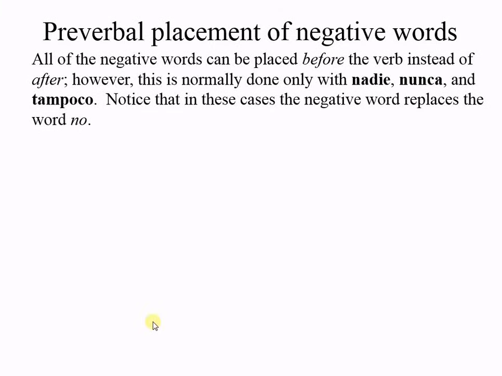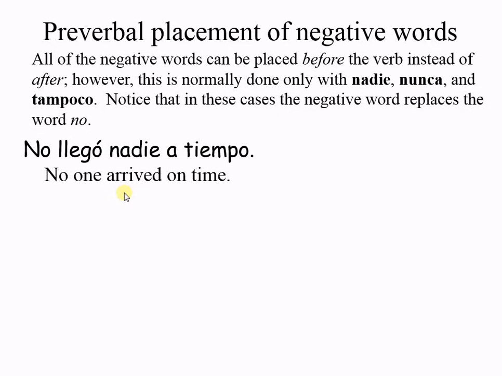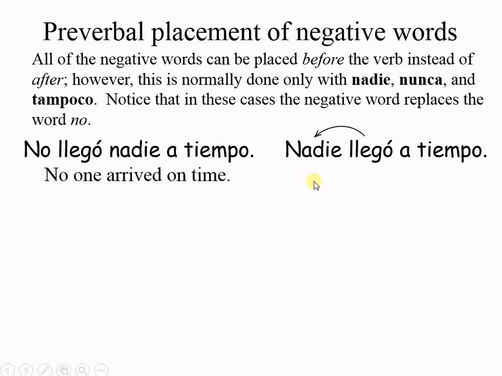Preverbal placement of negative words. All of the negative words can be placed before the verb instead of after. However, this is normally done only with nadie, nunca, and tampoco. Notice that in these cases, the negative word replaces the word no. No llegó nadie a tiempo.